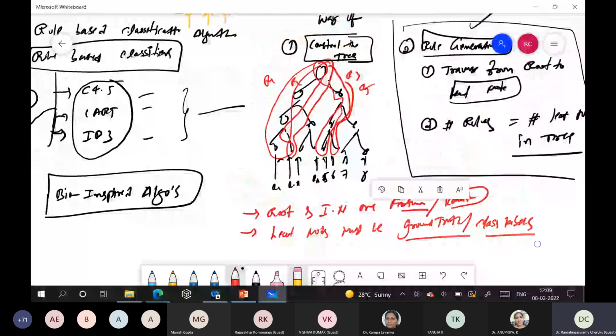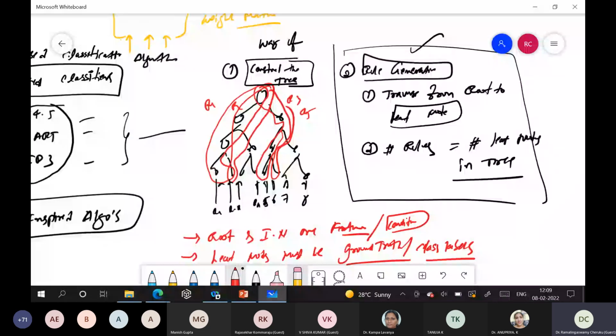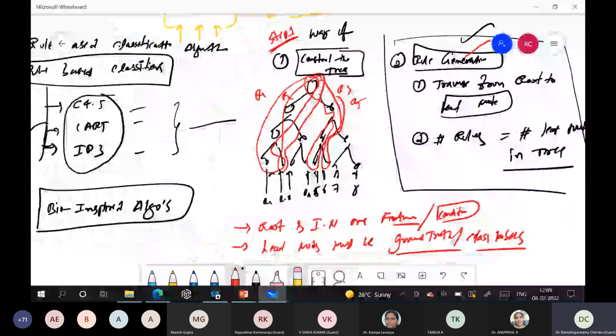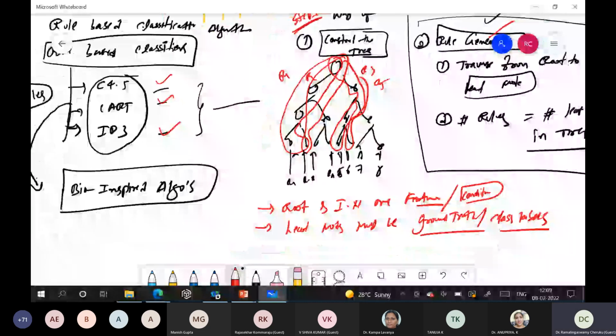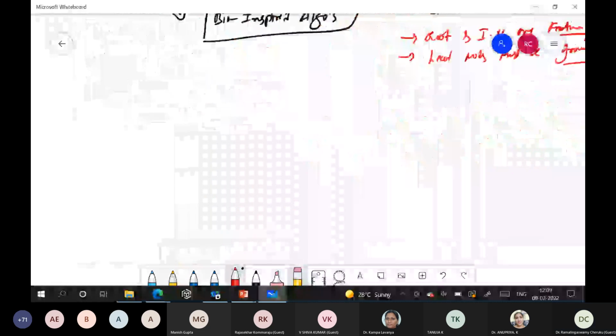Right? Now, how can we construct this decision tree? Because once step 1 is done and you construct the decision tree, you can generate the rules very easily. But each and every algorithm differs in the way you construct the decision tree. So let me explain how we can construct this tree.